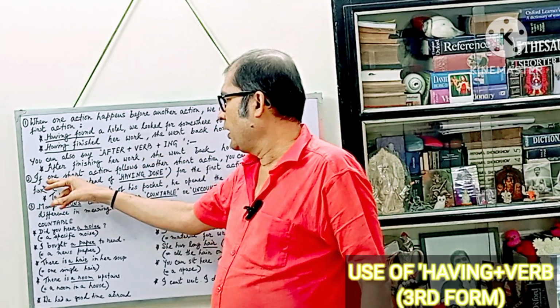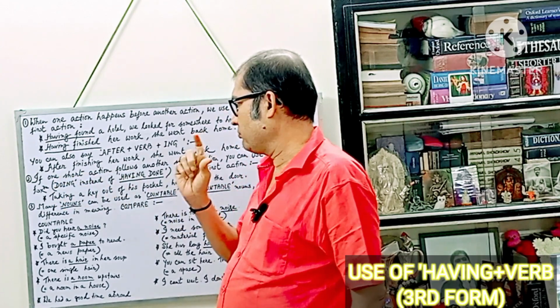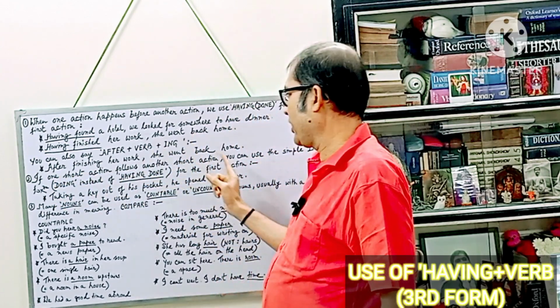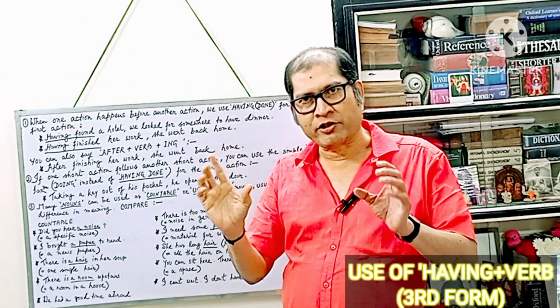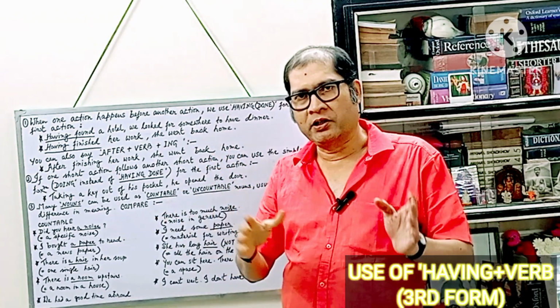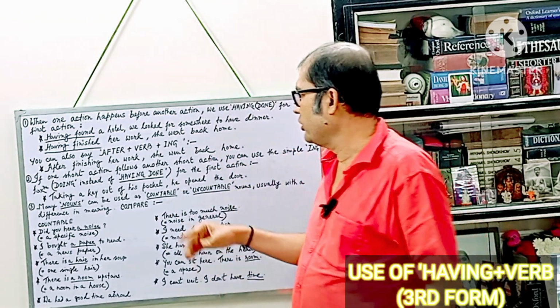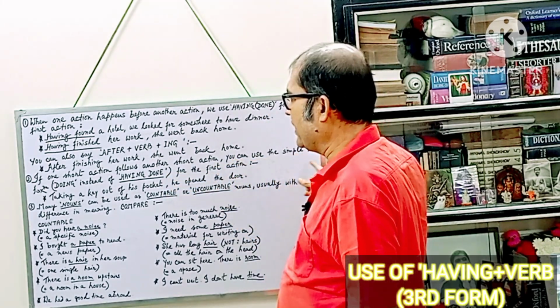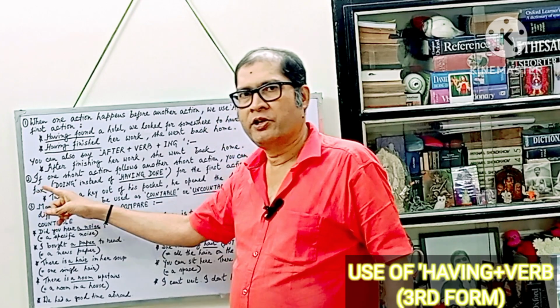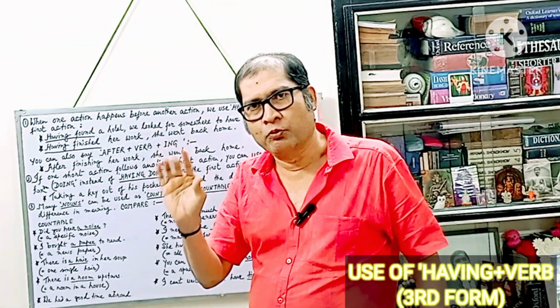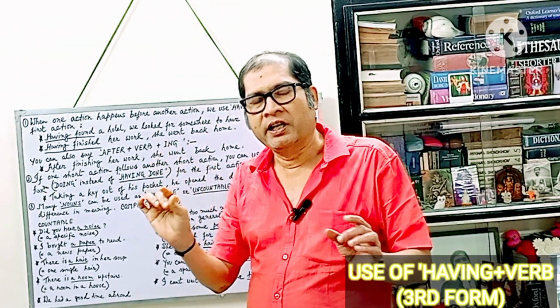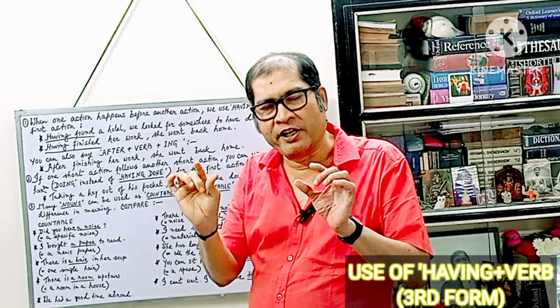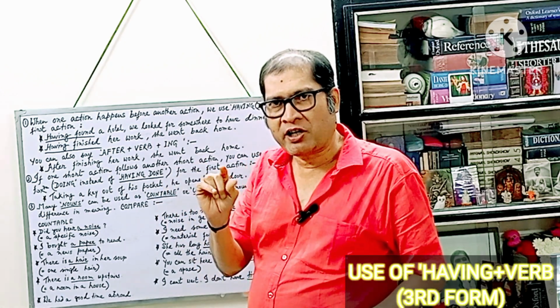Next, if one short action follows another short action, two short actions take place, one before the other, in that case, what to do? You can use the simple ing form, verb plus ing, if both the actions are very short.